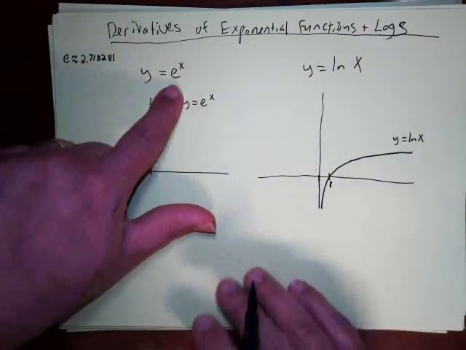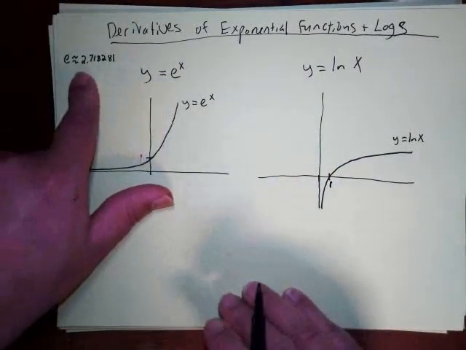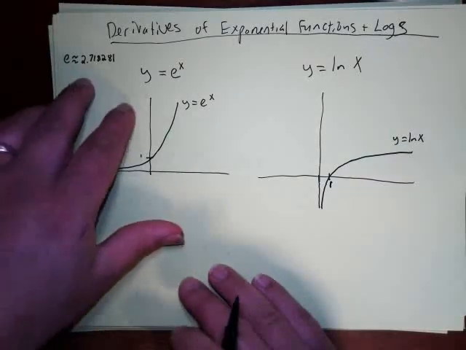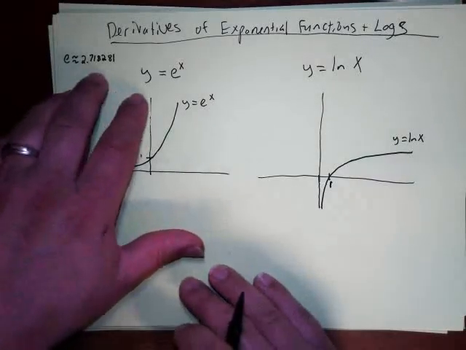The natural base is this irrational number, and it shows up when you do continuous compounding, like in a bank account. You can compound annually, quarterly, monthly, daily, but you could compound it every instant. And when you do that, this irrational number shows up.